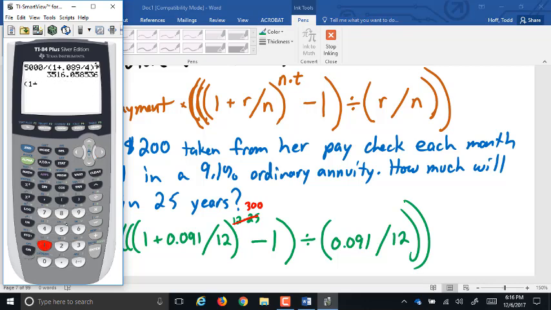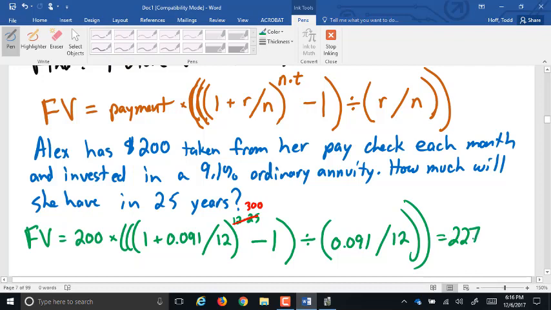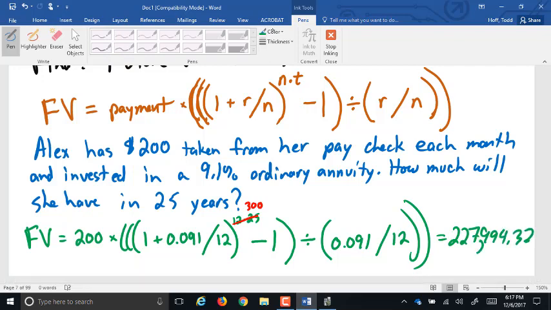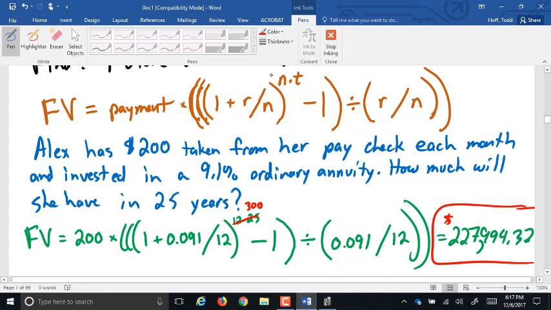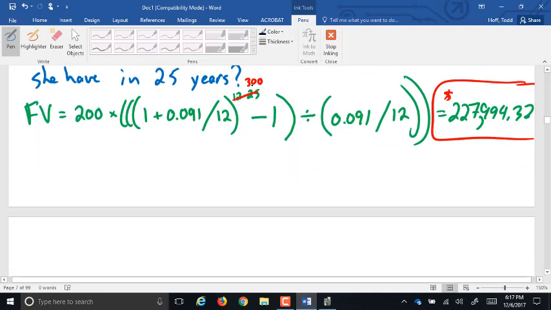Then minus 1, close parentheses, divided by, open parentheses, 0.091 divided by 12, close and close. 227,994.32. I'll give you a second to finish punching it in.